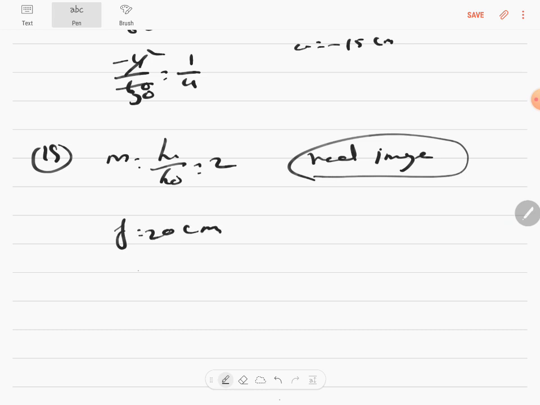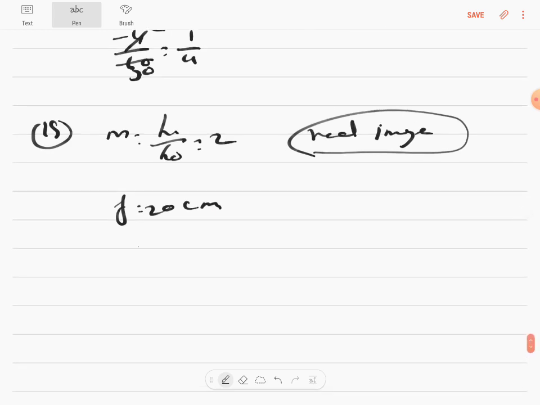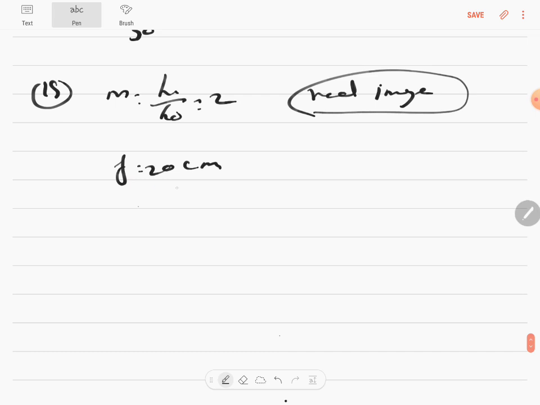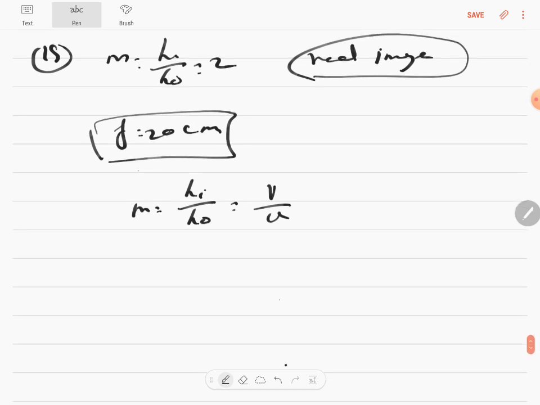The focal length is given to be plus 20, which shows that it's a convex lens. For a lens, magnification is Hi by Ho equal to V by U, but this produces a real image, and a real image is always inverted, and the magnification has got to be negative.